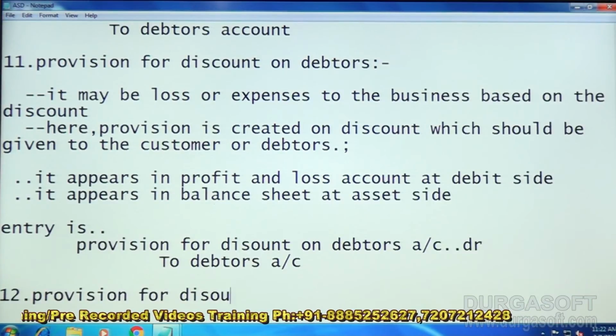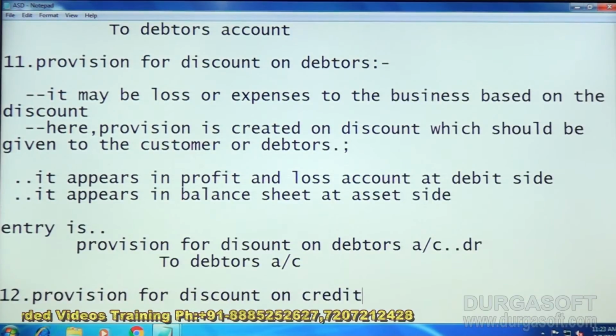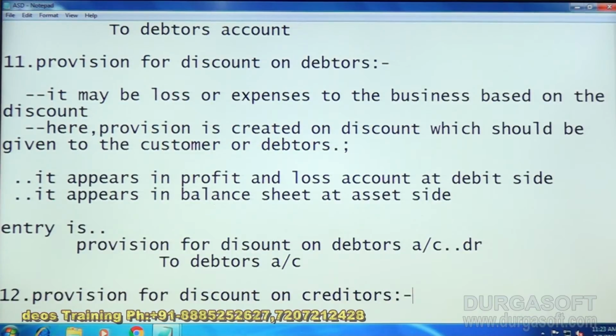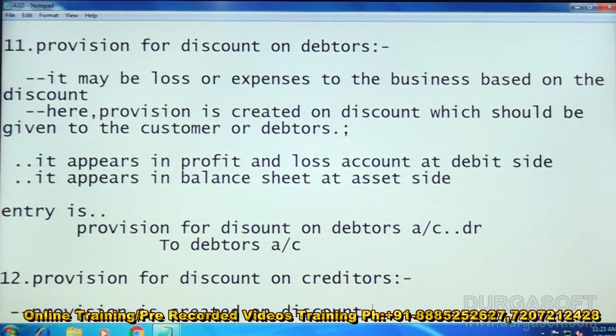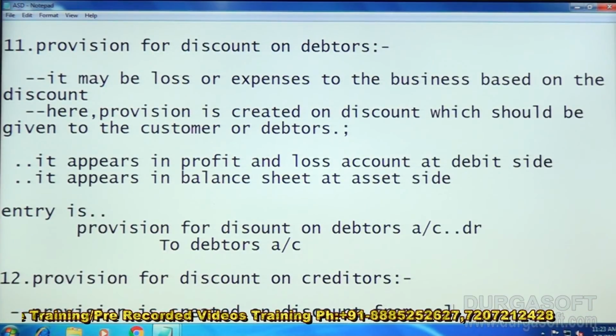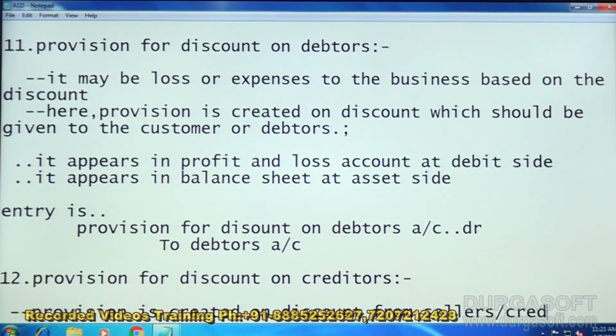Provision for discount on creditors. Here provision is created on discounts from sellers, means creditors.